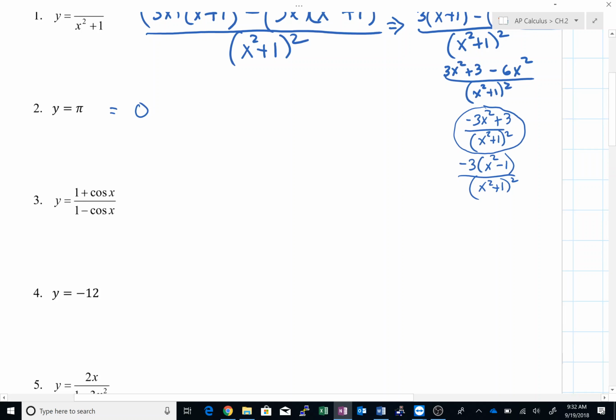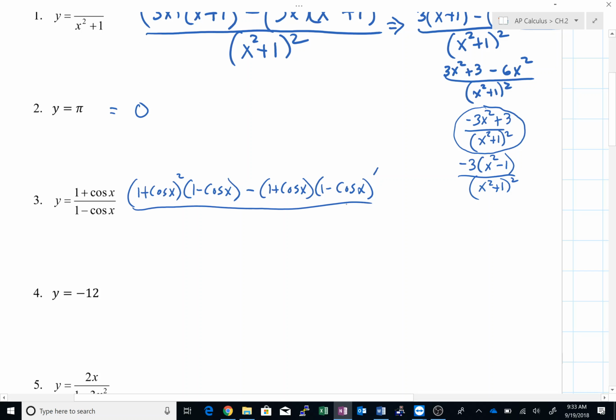Can't really do much. So we're going to do the derivative of the top times the bottom, minus the derivative of the bottom times the top, all over the bottom squared.